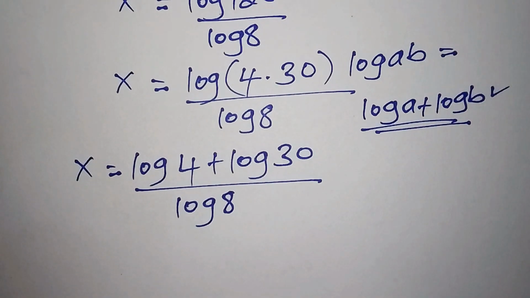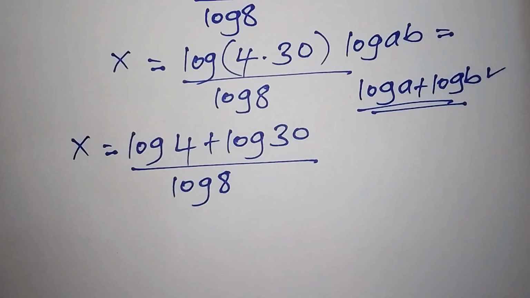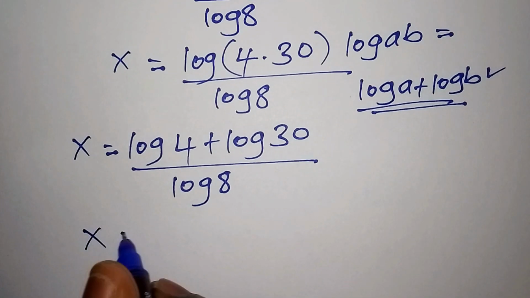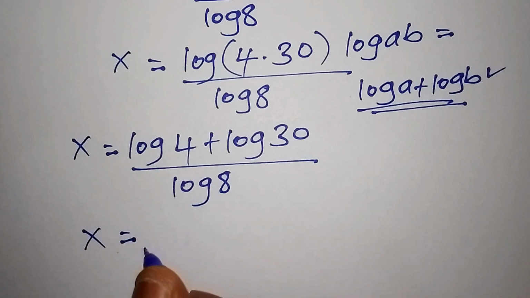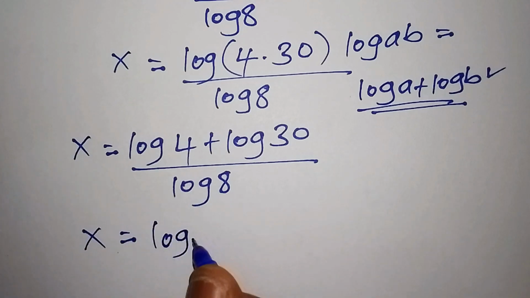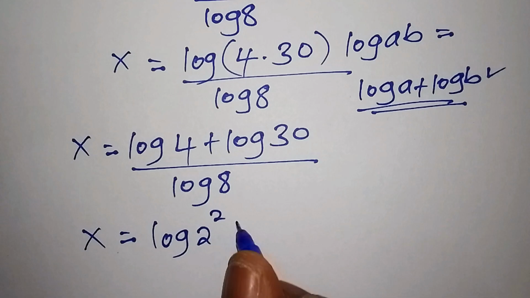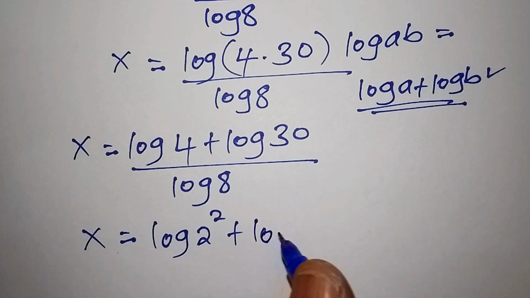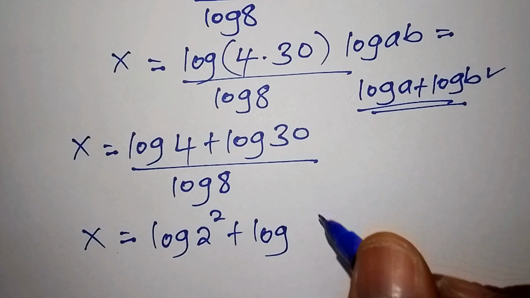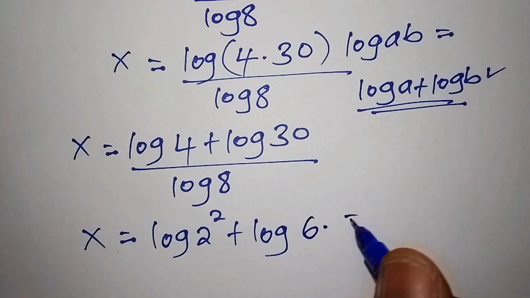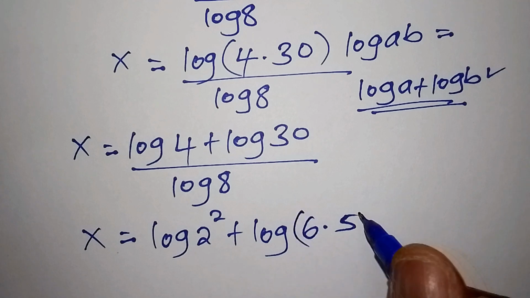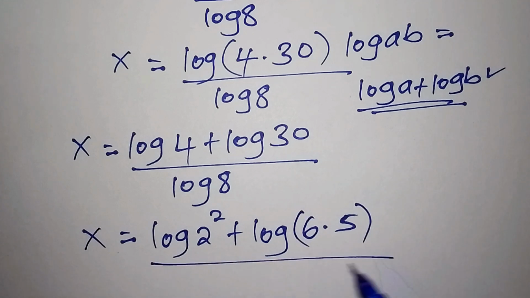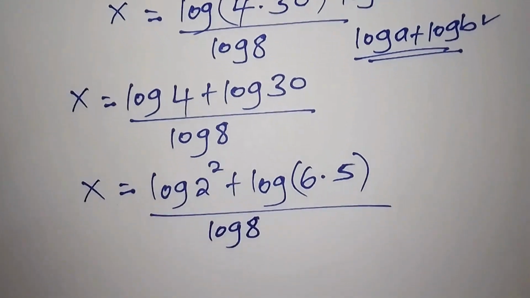We shall proceed by writing log 4 as the log of 2 to the power of 2, plus the log of 30, which can be written as the log of 6 multiplied by 5, all over the log of 8.